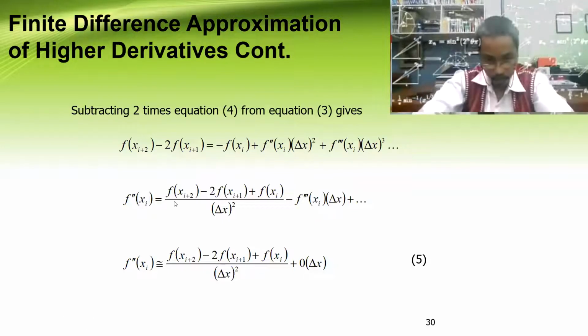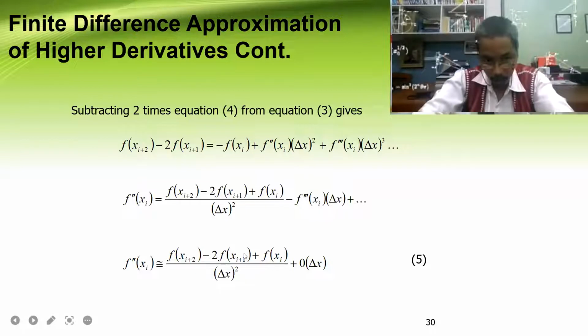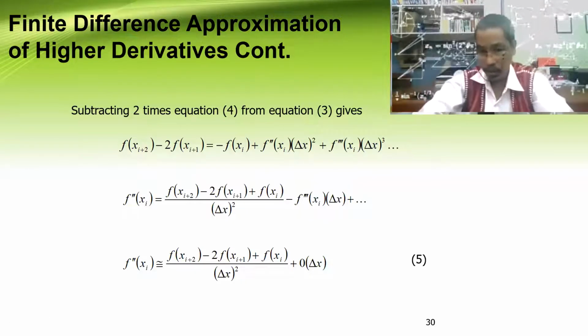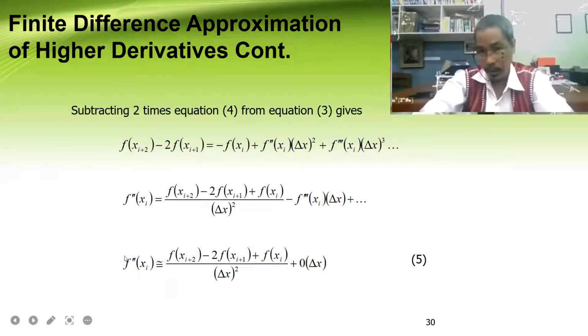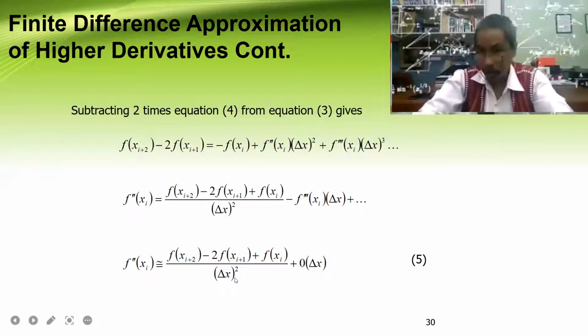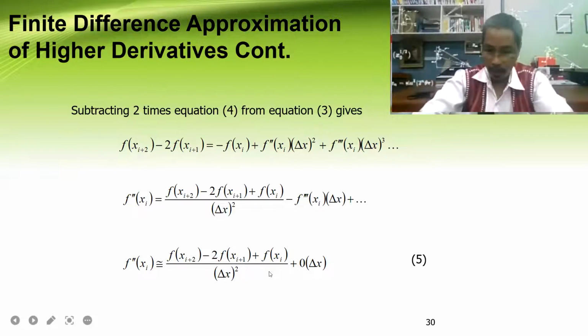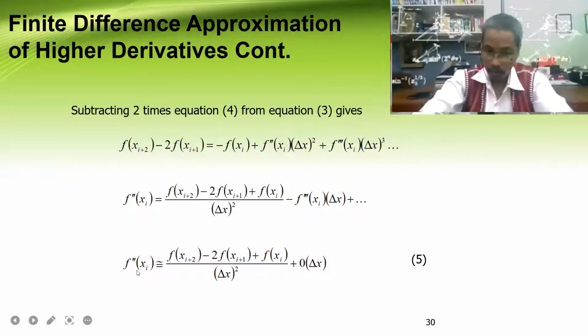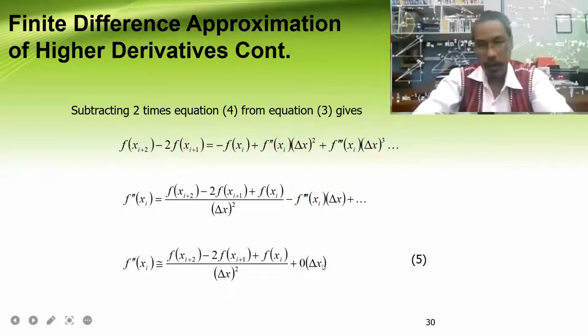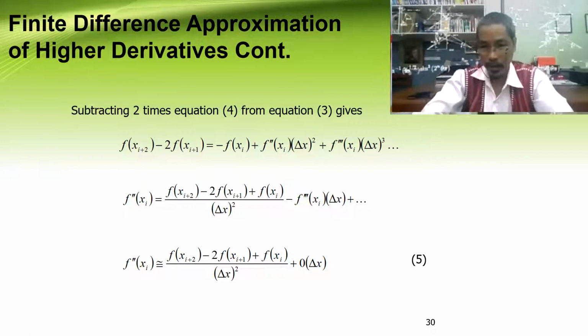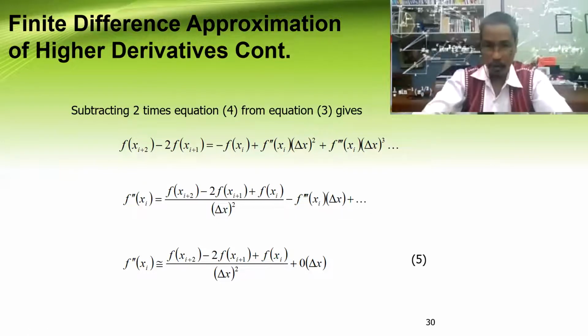So we need what? 1, 2, 3. We need 3 terms rather than 2 terms because we are looking at second derivative. But now our denominator is delta x squared. Take note, we are now at second derivative. So we can do the other higher derivatives. Just follow this procedure.